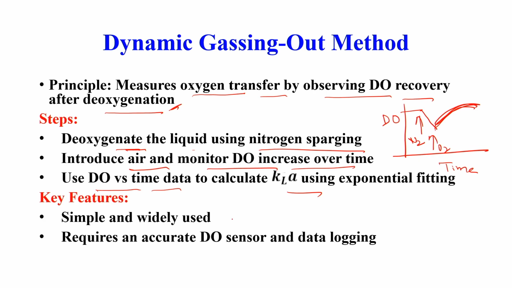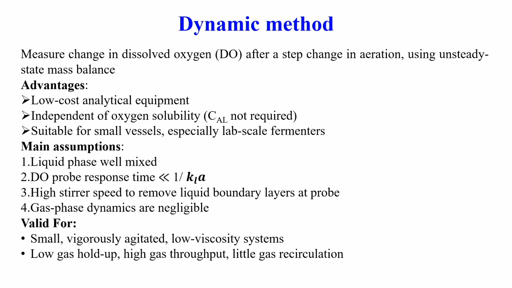So, this method is simple and widely used, and it requires an accurate dissolved oxygen sensor, because you are going to measure the dissolved oxygen at given time intervals. What is happening here? We are measuring the dissolved oxygen after a step change in the aeration.